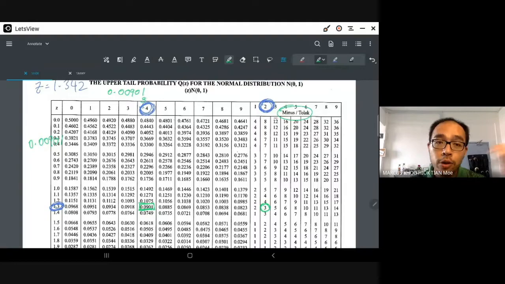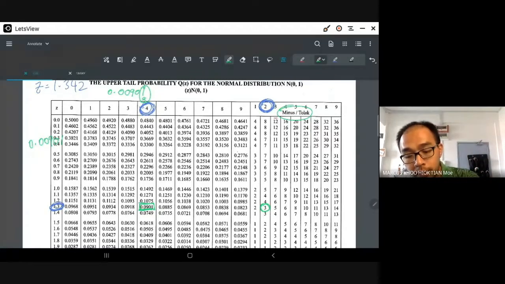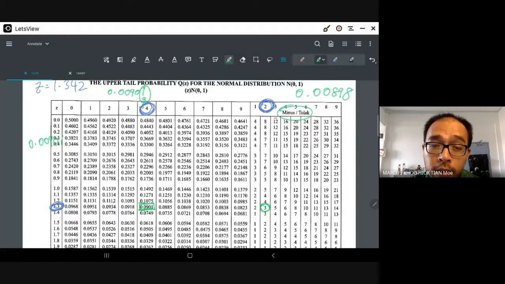Okay, bukan kamu tolak 3 dari, bukan 0.00901 minus 3 tau, bukan. Kamu tolak the last number, 3. Okay, so you will get 901 minus 3, you get 898. So it will be 0.00898. Okay, if you're not sure how to do the calculation, kau ambil je the nombor 901 minus 3. Yang lain kau kasih biar.